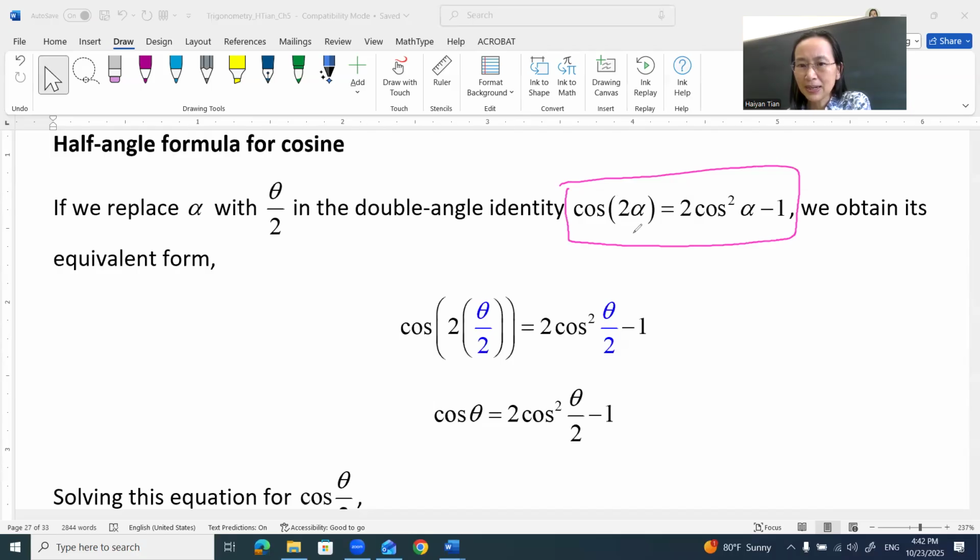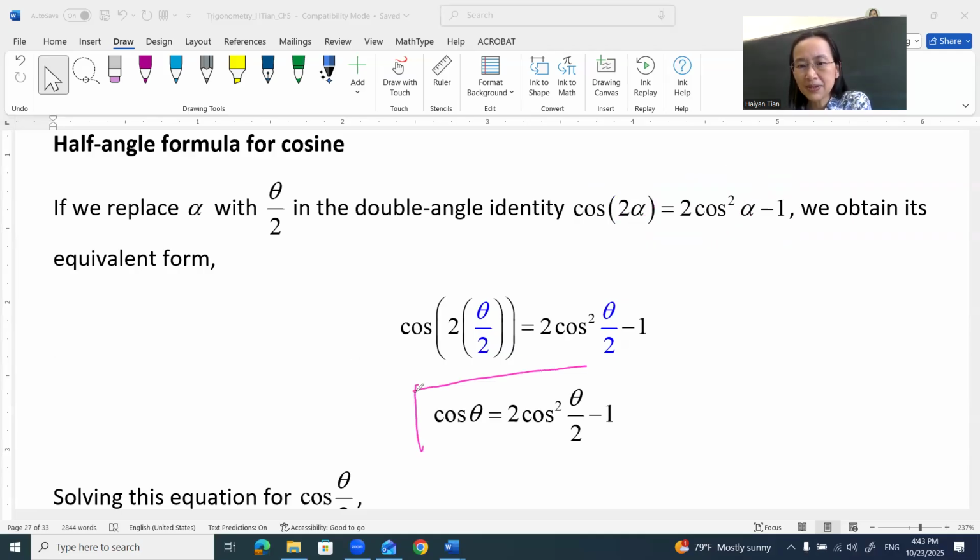Here, suppose 2 alpha is replaced with theta. Then 2 alpha versus alpha, that means if 2 alpha is theta, then alpha must be half of theta.